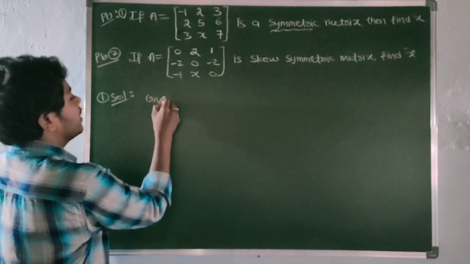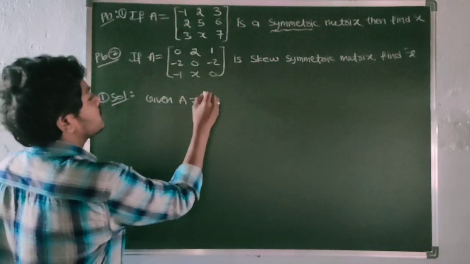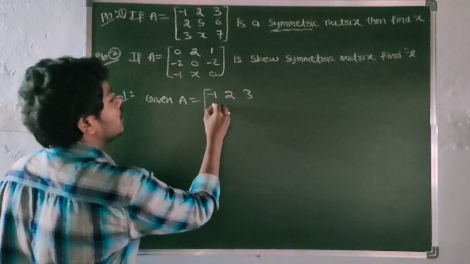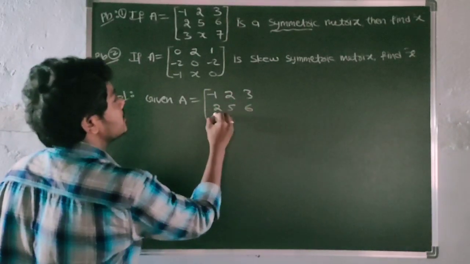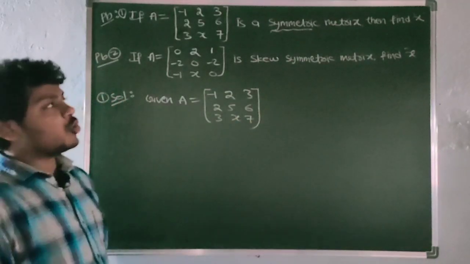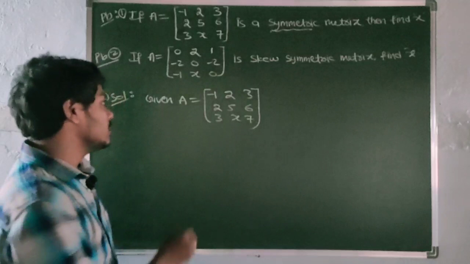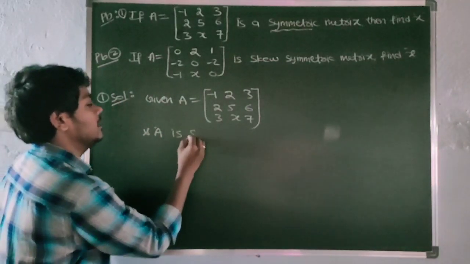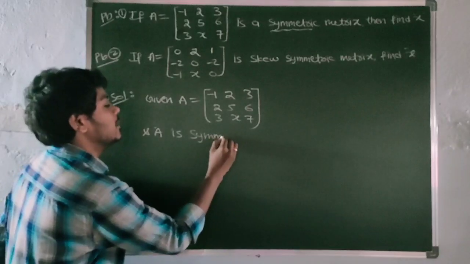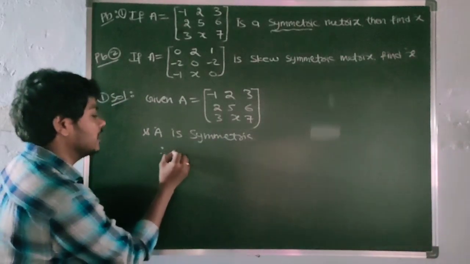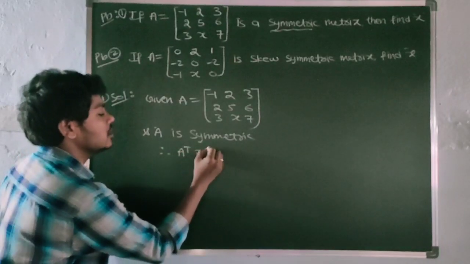So given A is equal to minus 1, 2, 3, 2, 5, 6, 3, 6, 7. And A is symmetric. So therefore A transpose is equal to A.